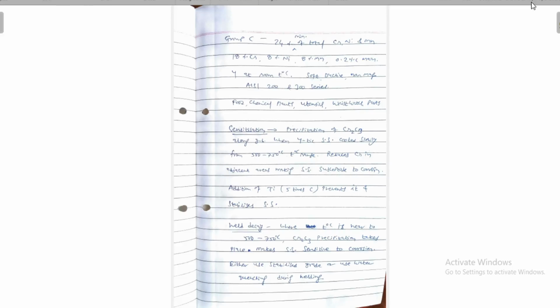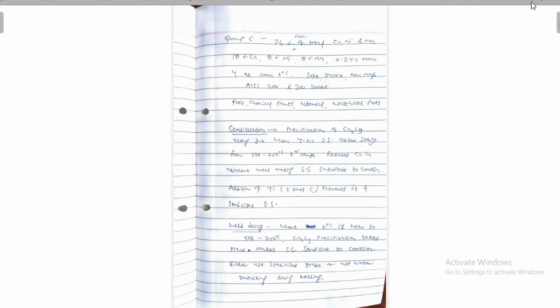Plus, it will have very good corrosion resistivity. It will belong to the AISI 200 and 300 series. In its applications, you may write, it is used for food, chemical plants, utensils, wristwatch parts.